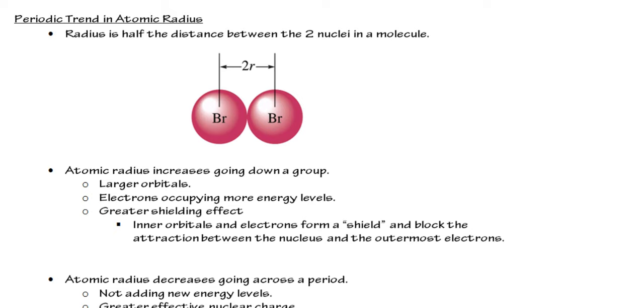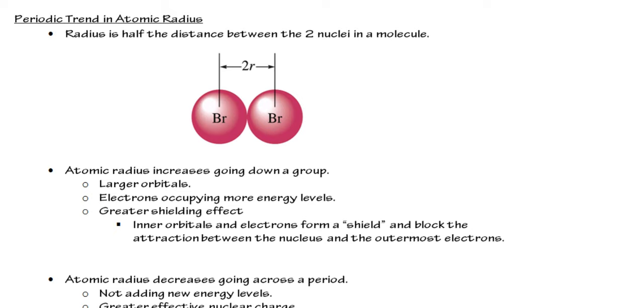Now, in general, I think most of us understand that atomic radius increases going down a group, and this is probably the easiest of the two trends to rationalize. The orbitals get bigger as I go down a group. Going down, we said you're increasing in energy levels. So you could have a 1s orbital, a 2s orbital, a 3s orbital.